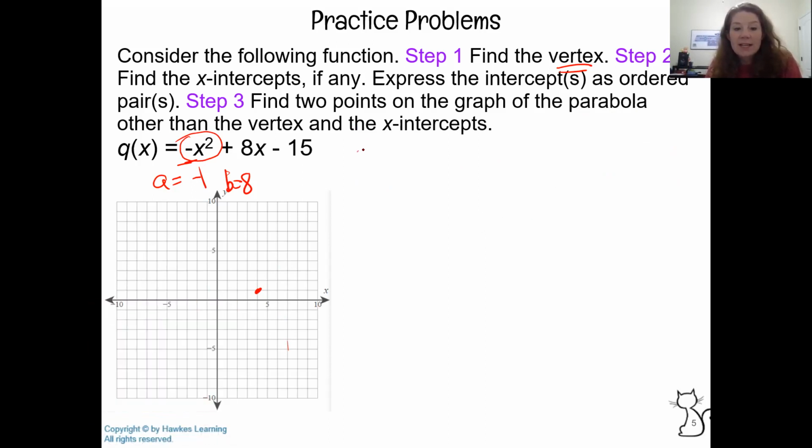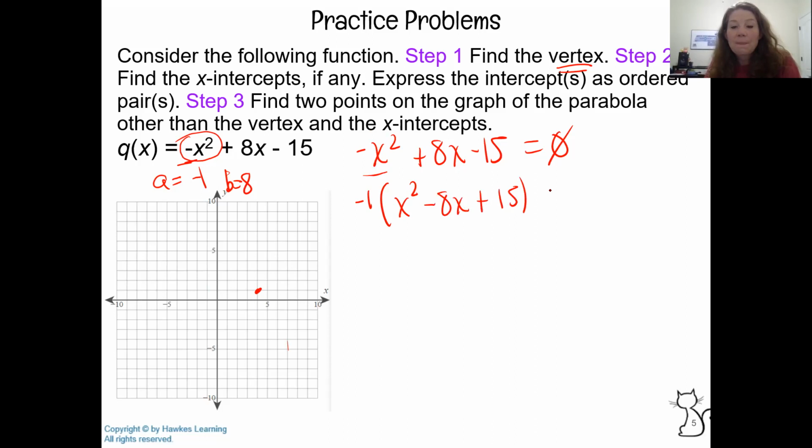We're going to say -x squared plus 8x minus 15 is equal to 0. So the first thing we're going to do is factor out that -1. We want our a to be a positive number. So we're going to factor out -1, which makes this +x squared minus 8x plus 15.